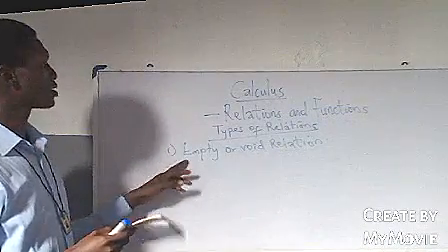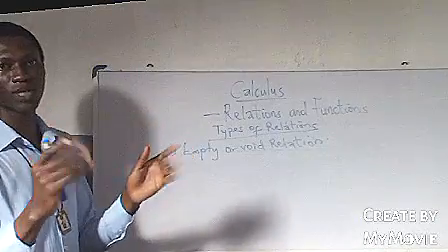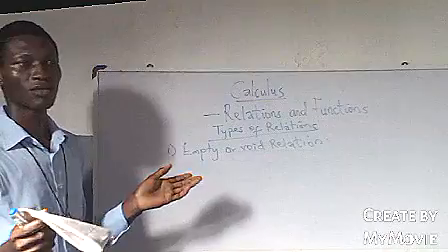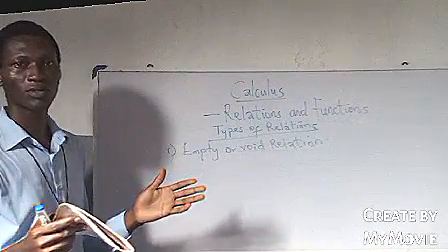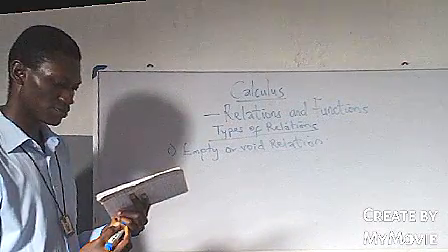Now, an empty or void relation is one in which there is no relation between the 2 sets. So if you are given 2 sets and there is no relationship between them, we say it's an empty or void relation.